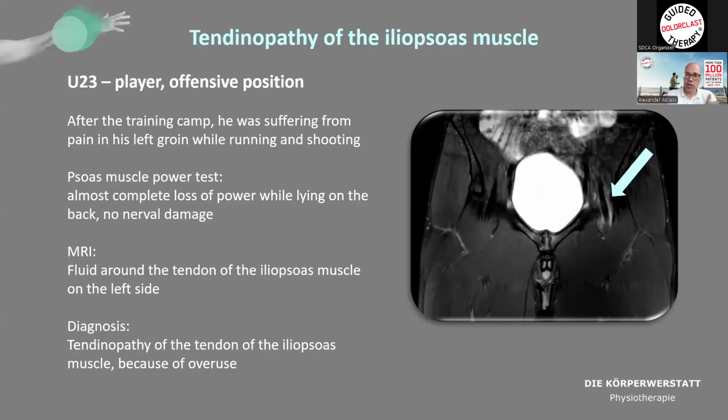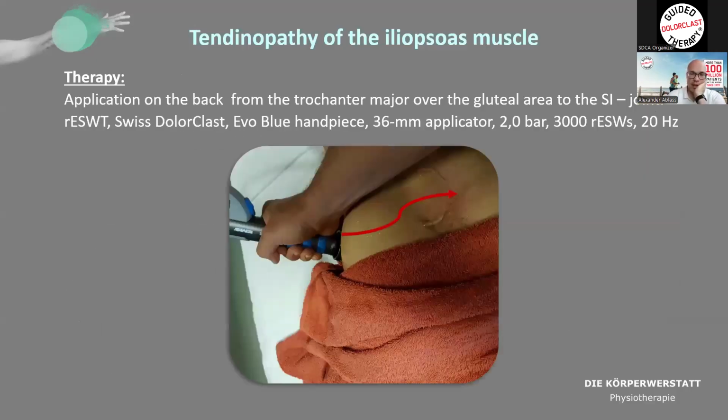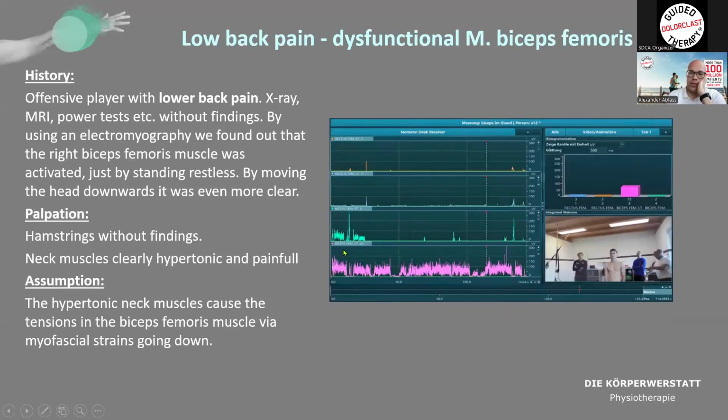We can't reach the psoas muscle itself because it's an air-filled tissue. But I have a possibility to increase strength and power of the iliopsoas muscle, treating the sacroiliac joint on the right, left, small gluteal area until the trochanteric region.